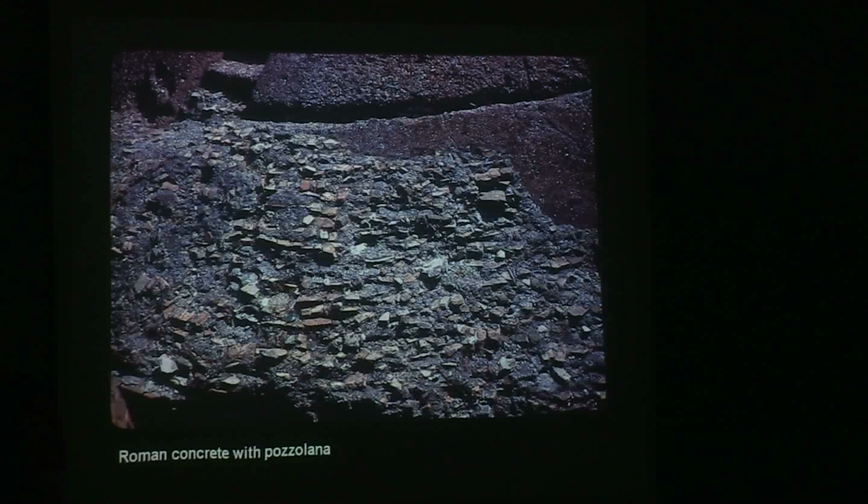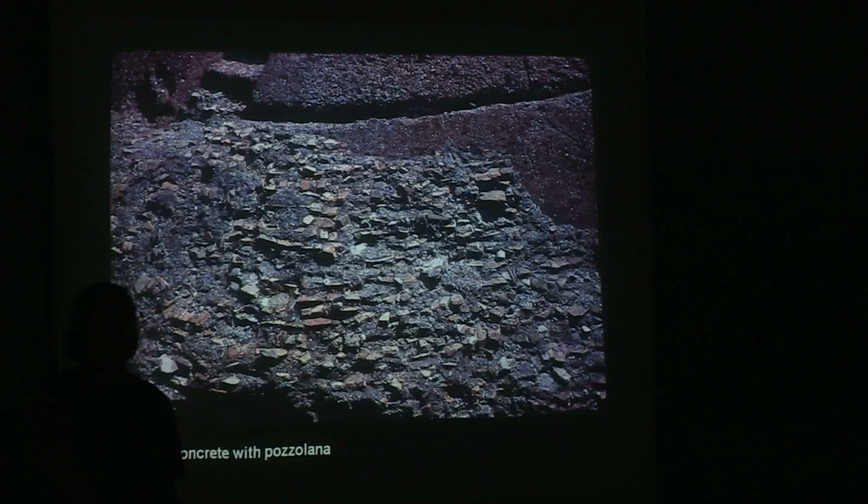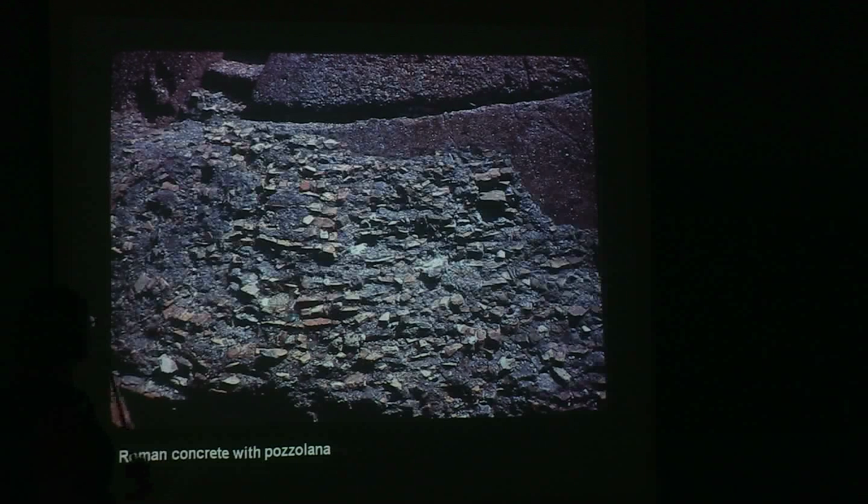But by this time, the experiments of the Romans with the concrete with which they created an architectural revolution had reached a greater expertise. The Roman concrete had a constituency, the secret of which was pozzolana.